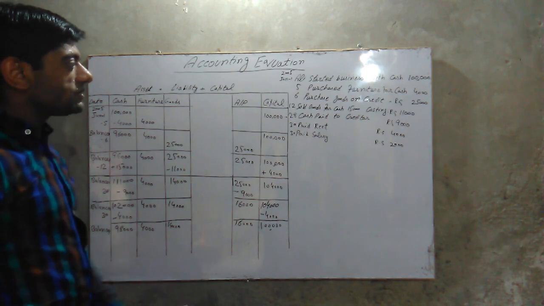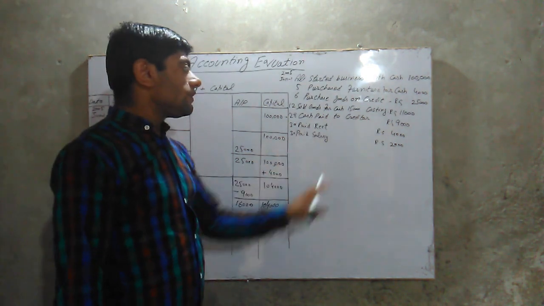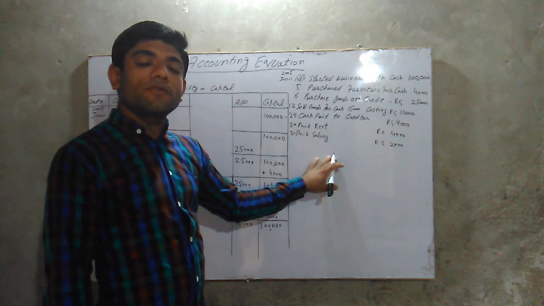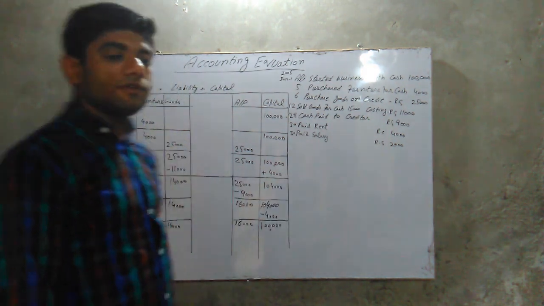So the next transaction is paid salary. Salary is also an expense. It also affects cash and owner's equity.